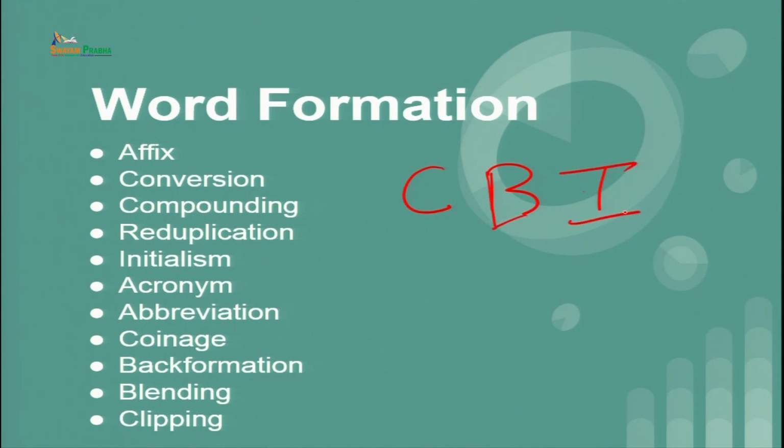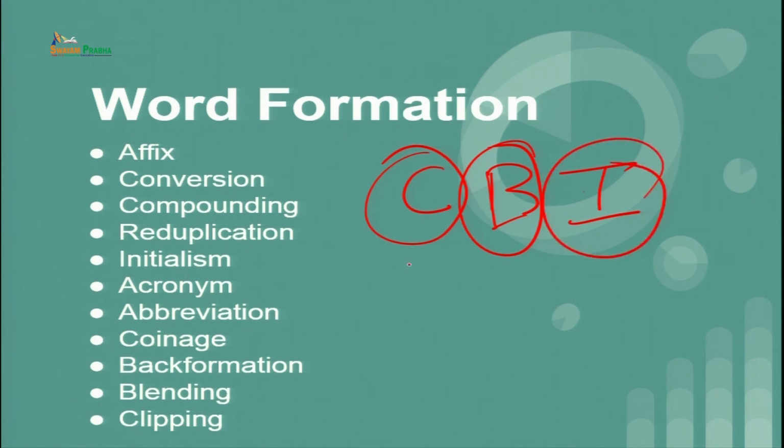Similarly, you can say Central Board of Investigation. So, the C for central, B for board, I for investigation. These are the first letters of each word. You can also think of HTML, you can also think of DVD. So, the first letters are put all together and they are being presented.